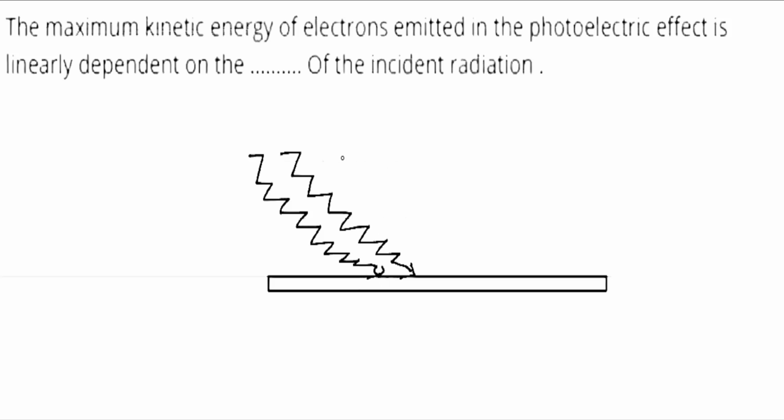The incident radiation has energy h nu. The electron will be ejected when the radiation is incident on the surface of the metal, and this energy is called the threshold energy, h nu naught.